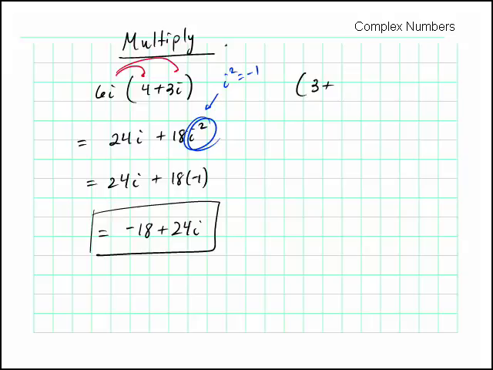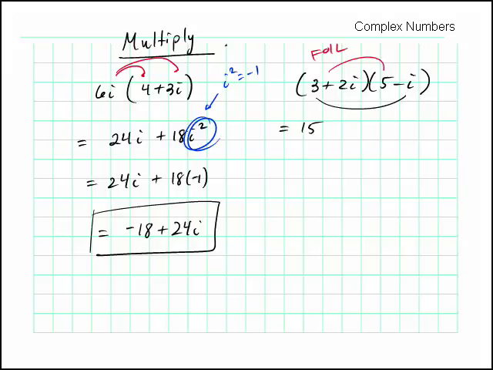Here's another one, 3 plus 2i, 5 minus i, multiplied together. Well, as you may guess, I'm just going to use the FOIL method here to multiply these complex numbers together. So let's see what we have here. 3 times 5 is 15.